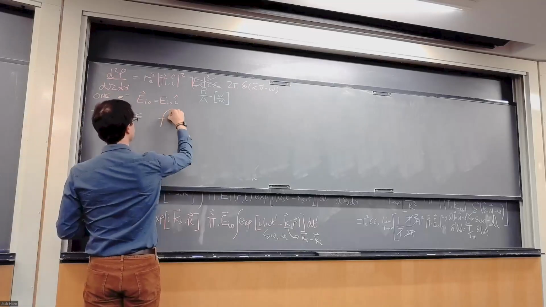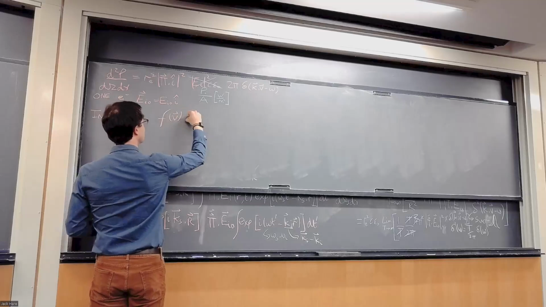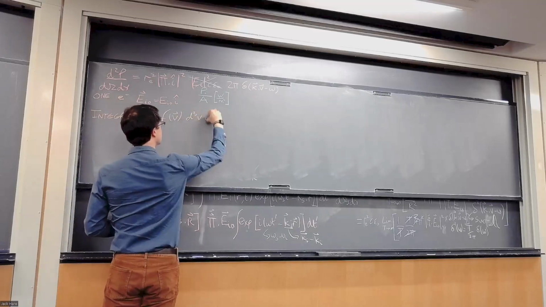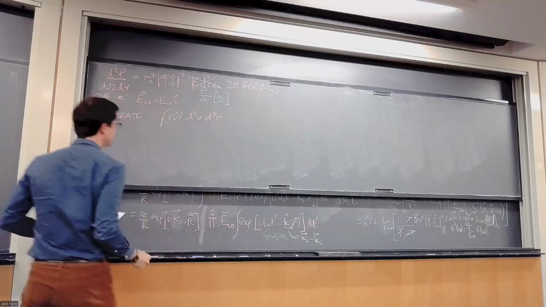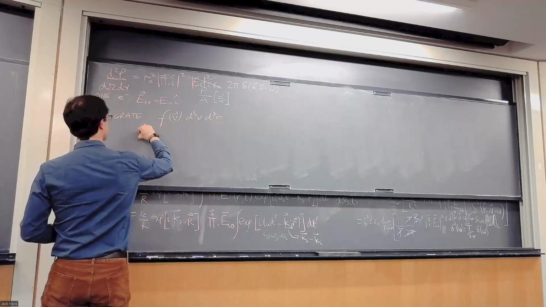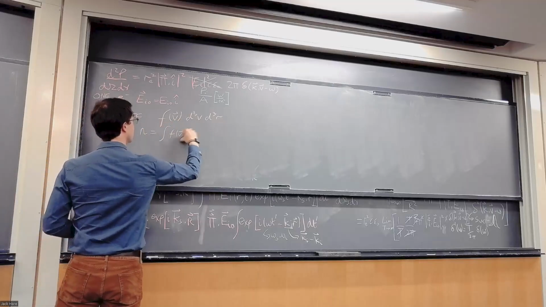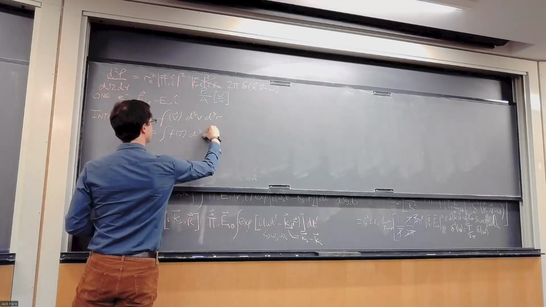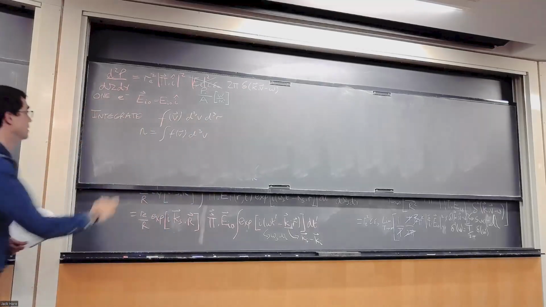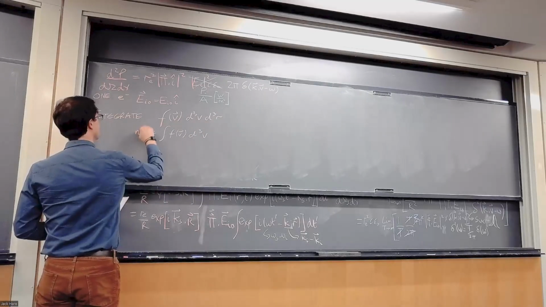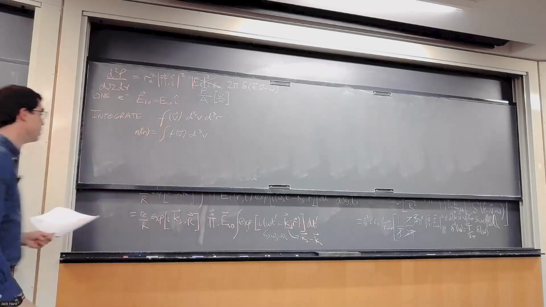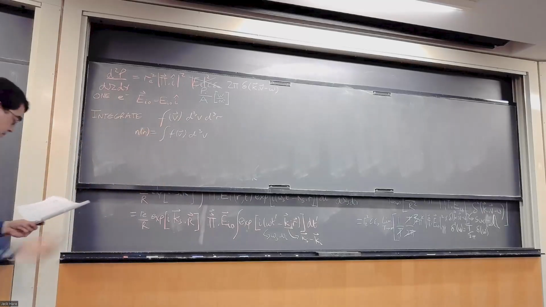over some distribution function, f of v, d3v, d3r. And remember, when we have a distribution function, the density is the integral of f of v over velocity space. So this is a density as a function of r, the zeroth moment of the distribution function.